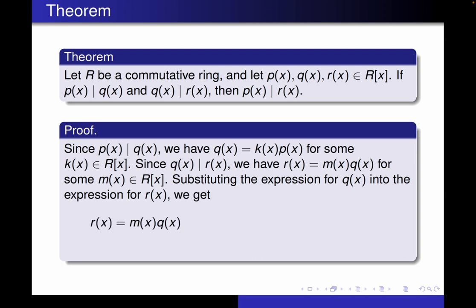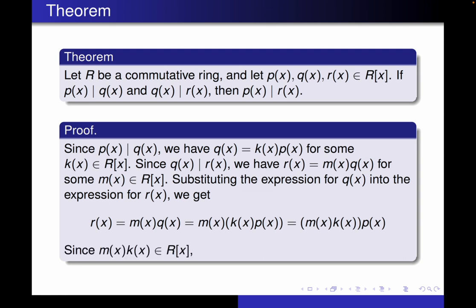Remember our r(x) is equal to m(x) times q(x). We have that q(x) is k(x) times p(x), so we can substitute that in. We can rearrange the parentheses so they're to our liking. So now we have m(x) times k(x) times p(x). And that satisfies the definition of p(x) dividing r(x), right? Because we know that m(x) times k(x) is a polynomial in R[x], and that means that p(x) divides r(x).